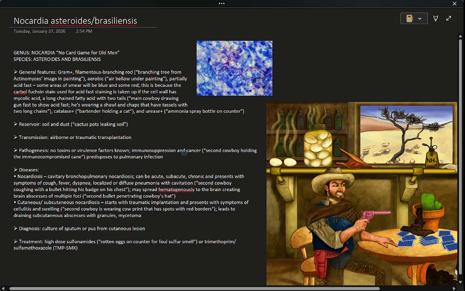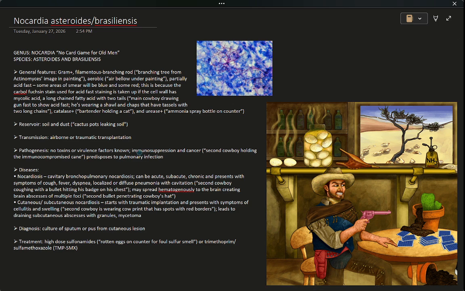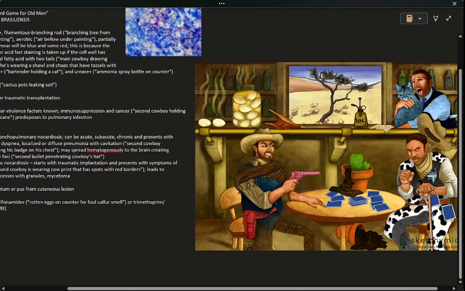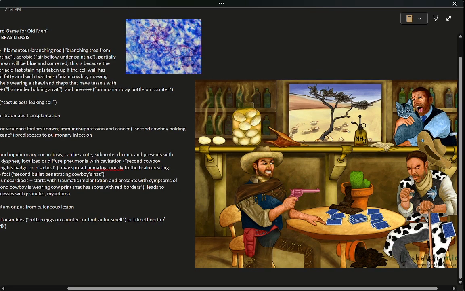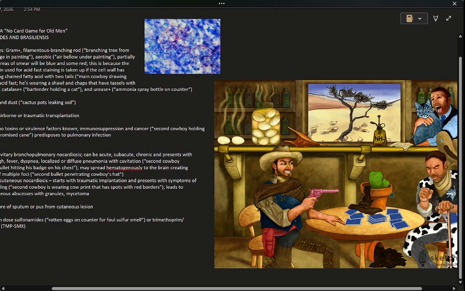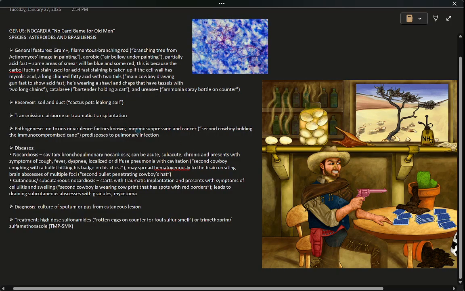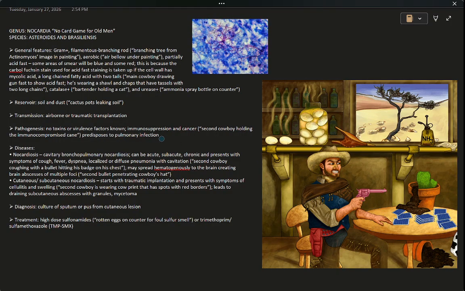To remember this, think about the second cowboy holding the immunocompromised cane. So you can see the second cowboy. He is holding the immunocompromised cane. And notice how this cowboy is about to cough. And that's supposed to symbolize how people who are immunosuppressed or have cancer can be predisposed to pulmonary infection.